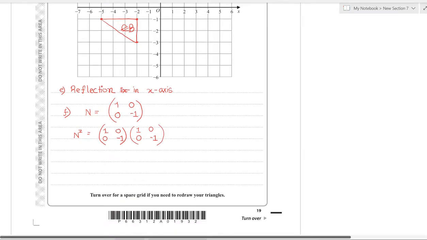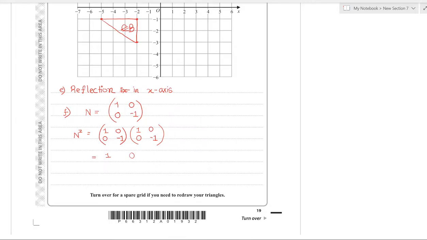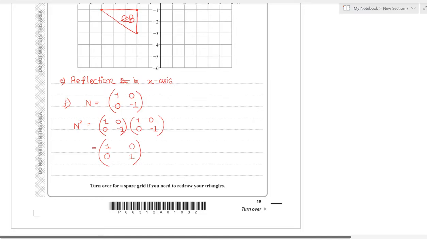And again using the same method, first row, first column, and again second row, first column, you will get a value for first row, first column is 1, first row, second column is 0, second row, first column is 0, and second row, second column is +1. So the value for the reflection in x-axis matrix squared is 1, 0, 0, 1. And with this, our question number 9 ends. Moving to question number 10.